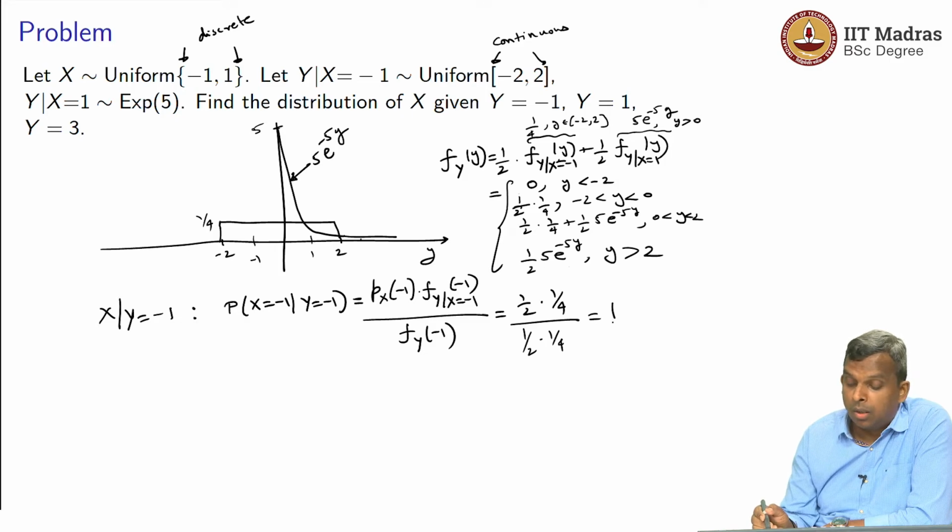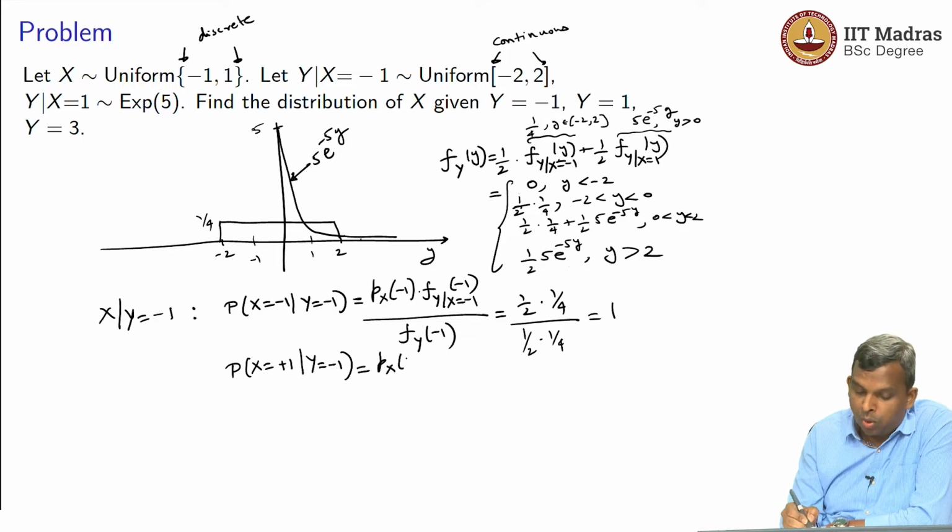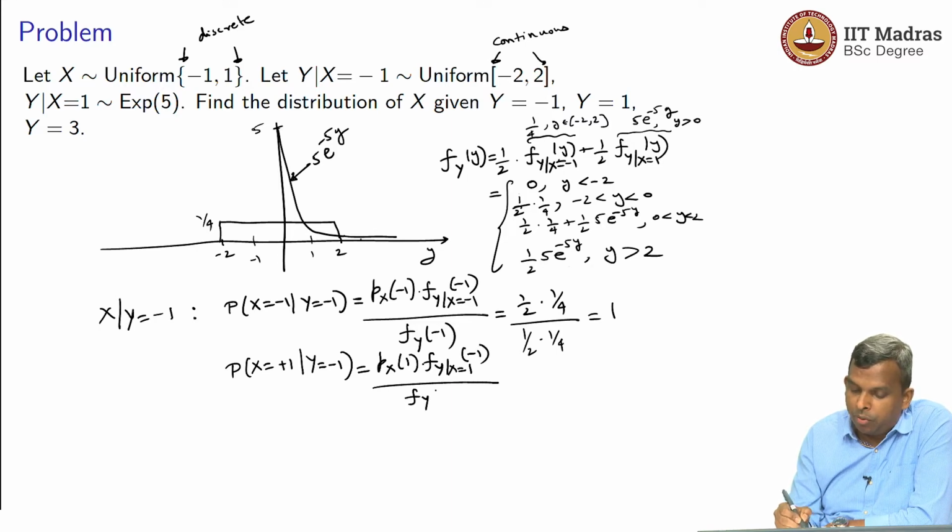Okay. So you can also check the probability that x equals +1 given y equals -1. It is p_X(1) times f_{Y|X=+1}(-1) divided by f_Y(-1). So now notice, the first thing is half, the next one is 0, right?